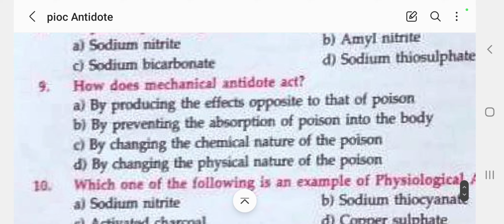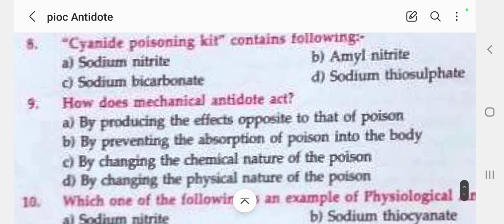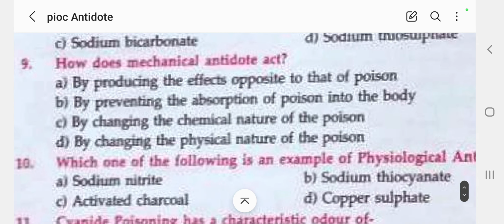Okay, next question: how does a mechanical antidote act? By producing the effect opposite to that? This comes under physiological antidote. By preventing the absorption of poison into the body? By changing the chemical nature? That comes under chemical antidote. By changing the physiological nature?